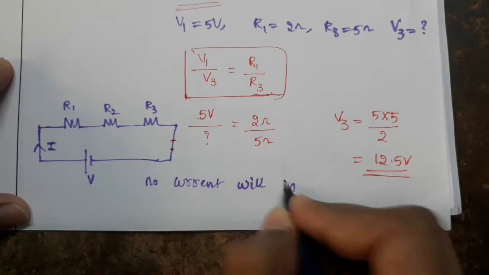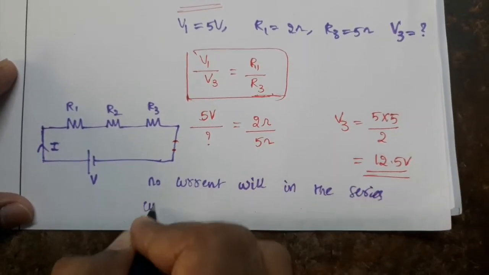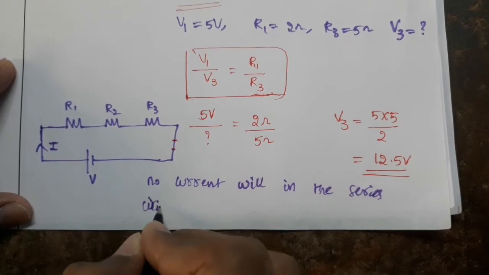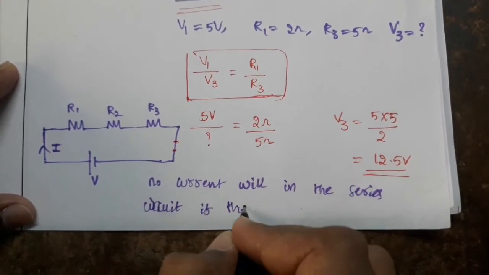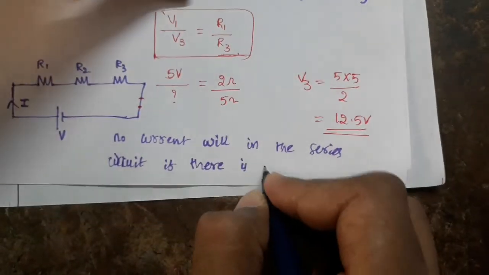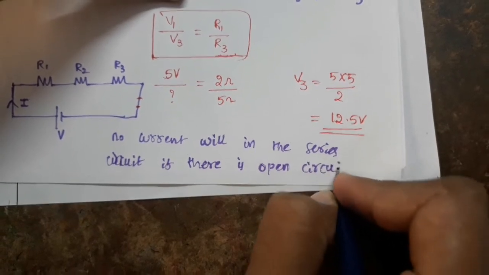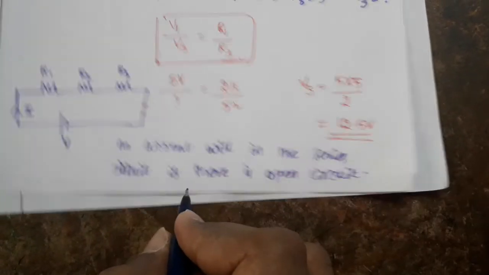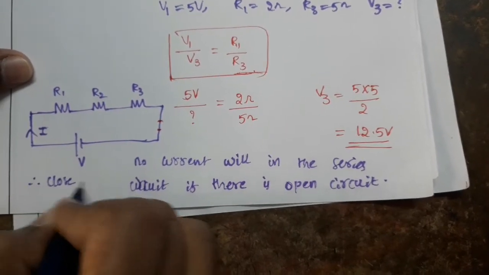No current will flow in the series circuit if there is an open circuit. So there should be a closed path for the flow of the current.